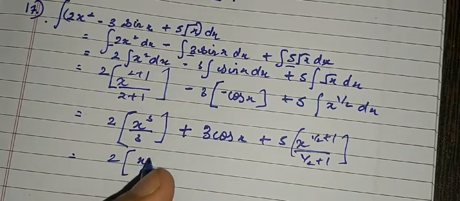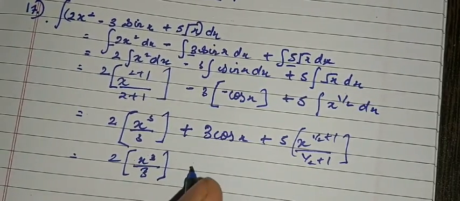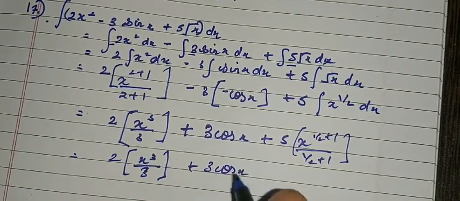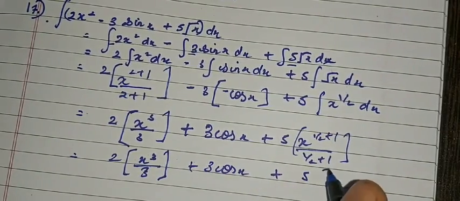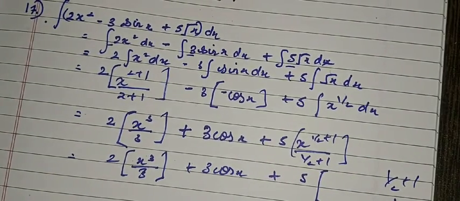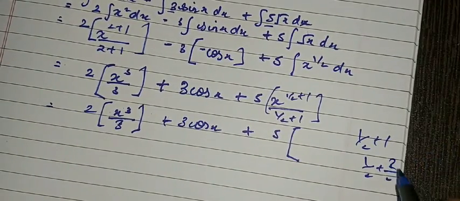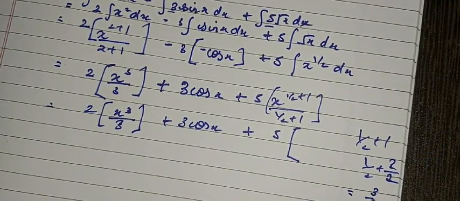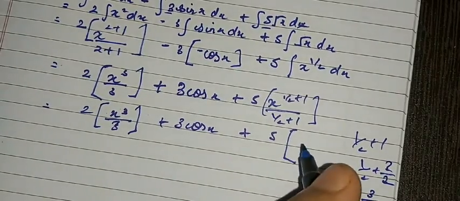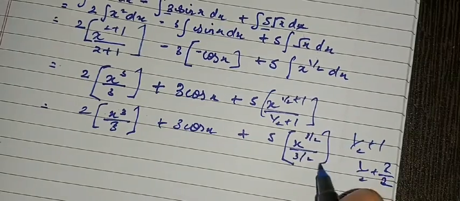Now 2x raised to 3 by 3 plus 3 cos x plus 5, 1 by 2 plus 1 is equal to 1 by 2 plus 2 by 2 is equal to 3 by 2. So x raised to 3 by 2 by 3 by 2.